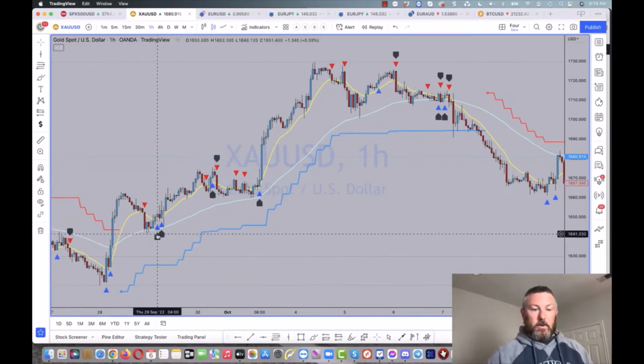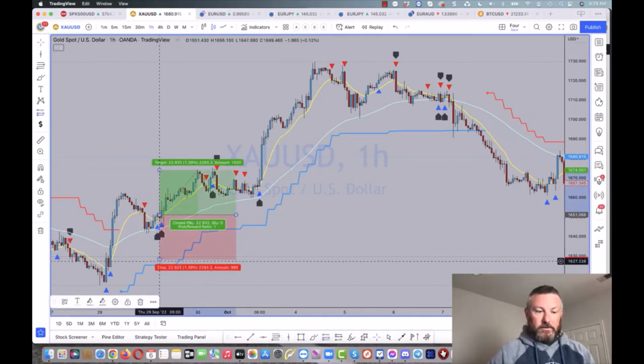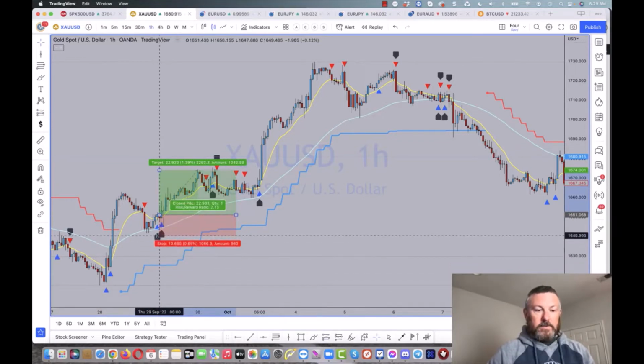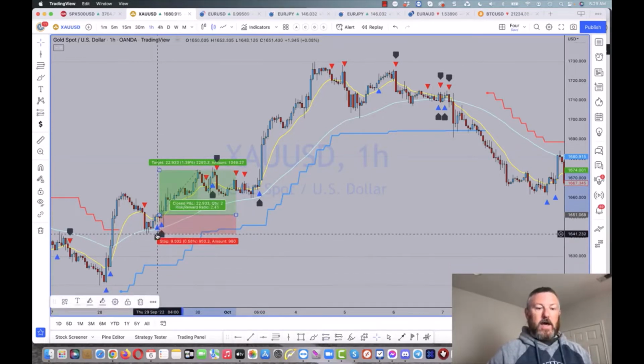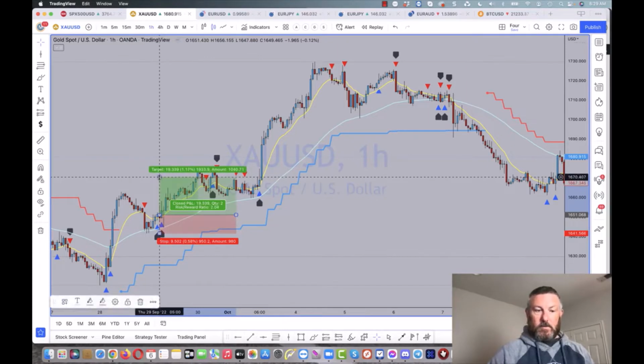Okay, so the entry is always the close of the candle. So if it's this candle right here, that's the close, and then the stop loss is always behind the low or above the high. All right, and I always go for 1 to 2 right now. So go for a minimum of 1 to 2. All right.